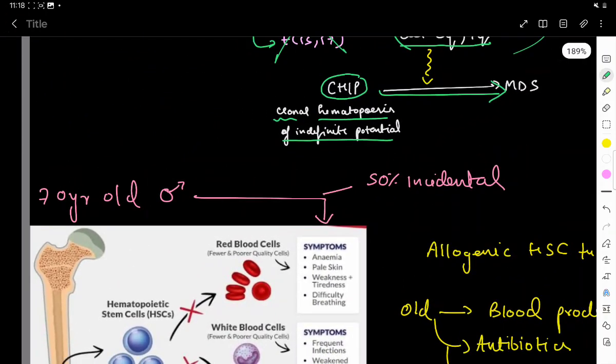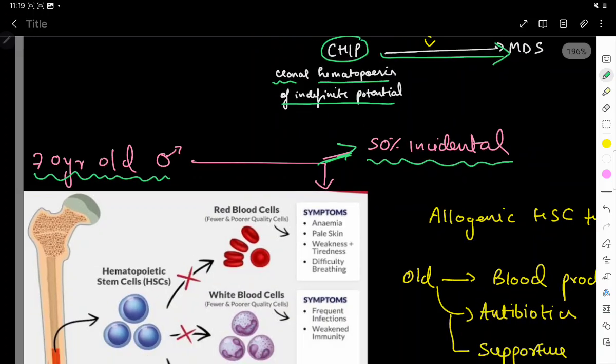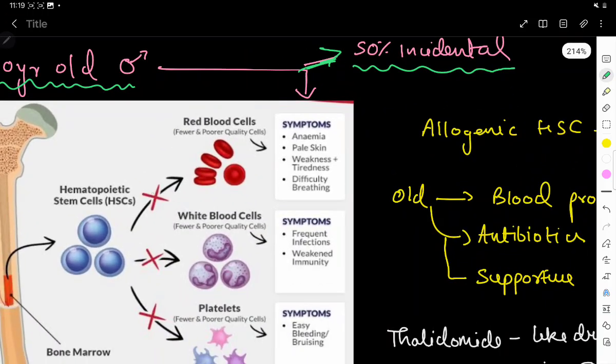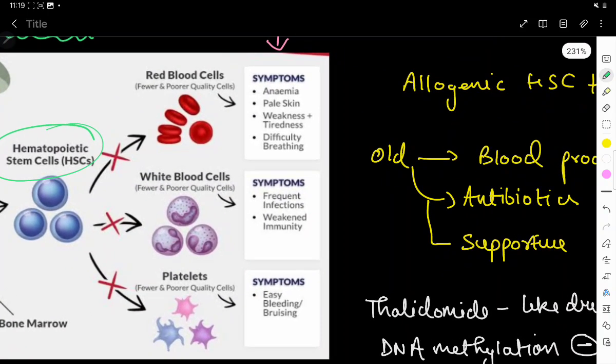Now demography wise, you will see a 70-year-old male generally, in which 50% of them will have incidental diagnosis of MDS, whereas the other people will present with, since we have a trilineage problem, either of the manifestations. Say if the RBCs are affected, mainly the patient is going to present with anemia and its manifestations like pale skin, weakness and difficulty in breathing.